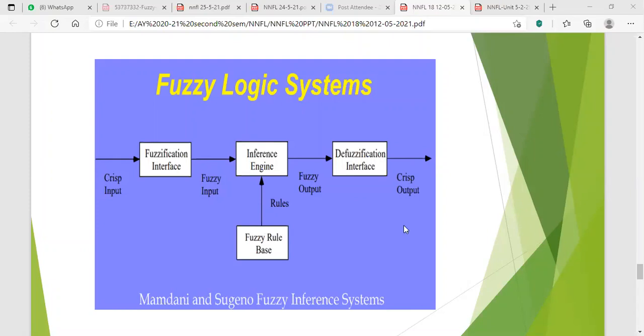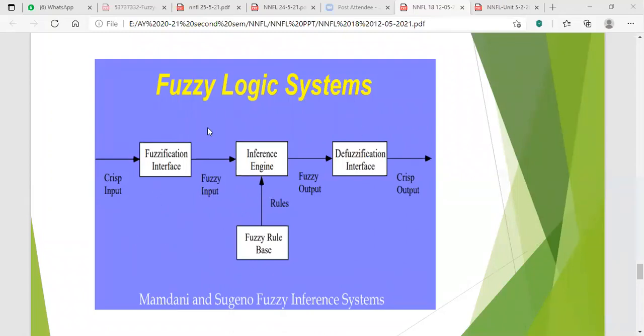The input to your fuzzification interface is crisp input, and the fuzzification interface will give you fuzzy input, which is fed to your fuzzy inference engine, the FIS system. Next, these are defuzzified and you will get your crisp output. But in between, there is a fuzzy rule base which needs to be interconnected to your inference engine.